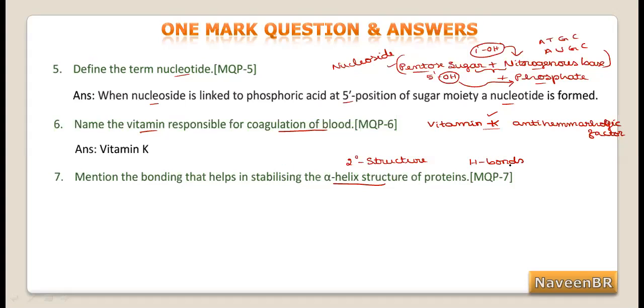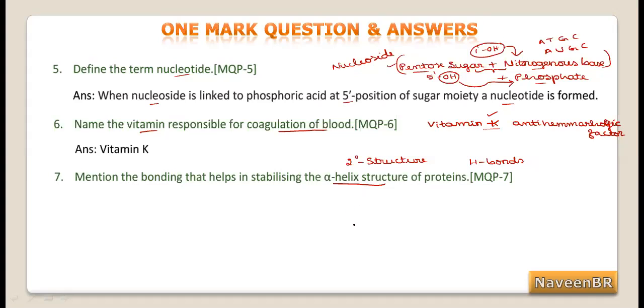So hydrogen bonds give the stability in the secondary structure. With additional folding at the tertiary level, the formation of weak van der Waals forces along with hydrogen bonds, and additional electrostatic interactions, all such additional forces stabilize the tertiary structure.